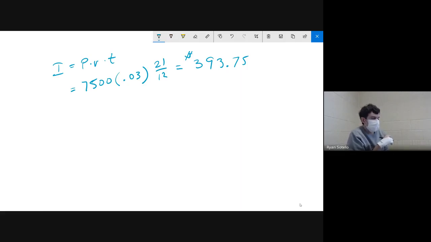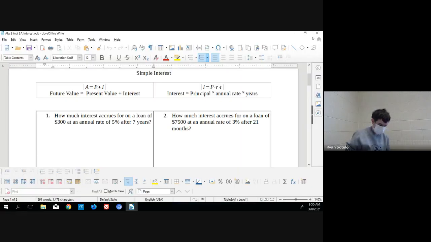Are we good? Do you guys have this written down? Okay, good. So I'm going to put the answer. I'm making a key here. All right, 3 goes just like 2, so I'll give you the answer.